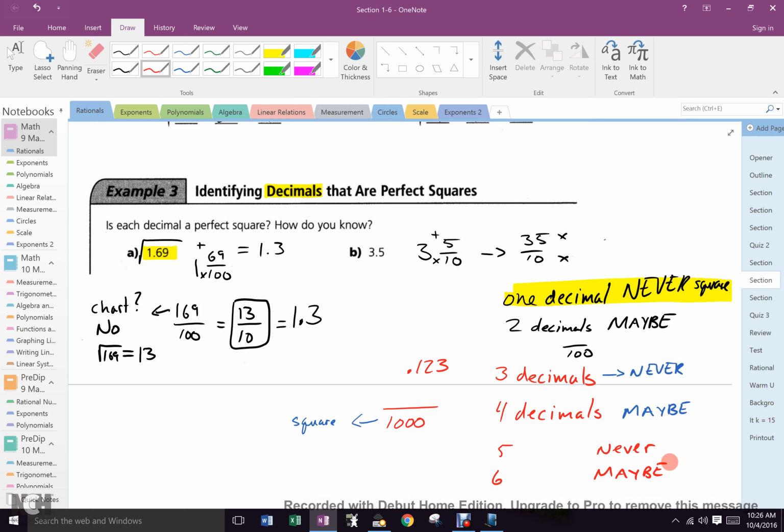What's the pattern, Ethan? What do 1, 3, 5 all share? Marcus? They're odd numbers. An odd number of decimal places can't ever have a square. And even might. Everybody got it?